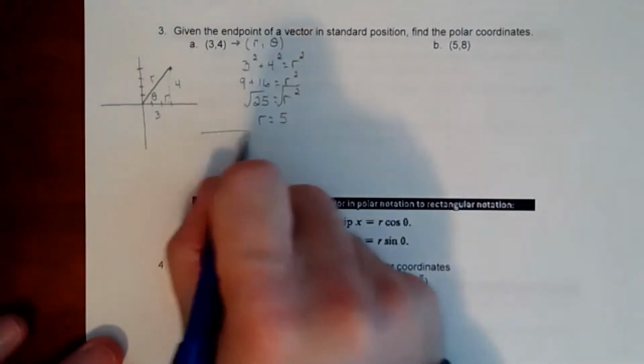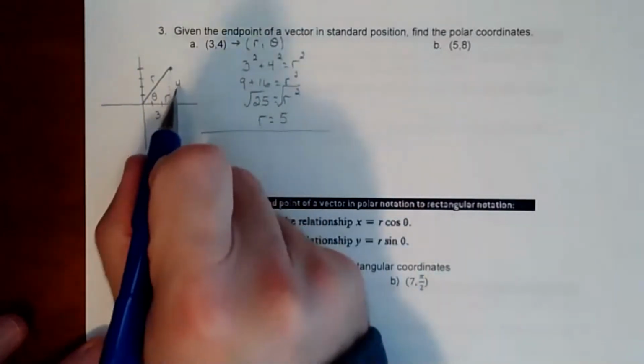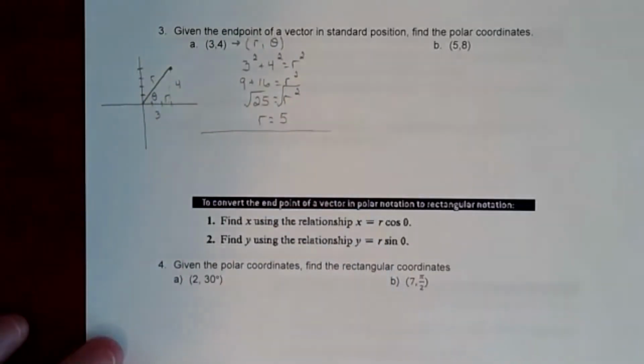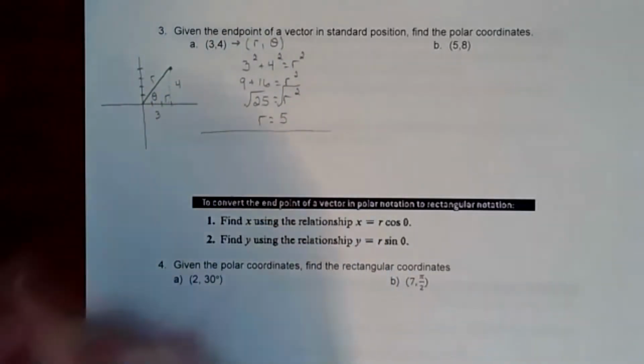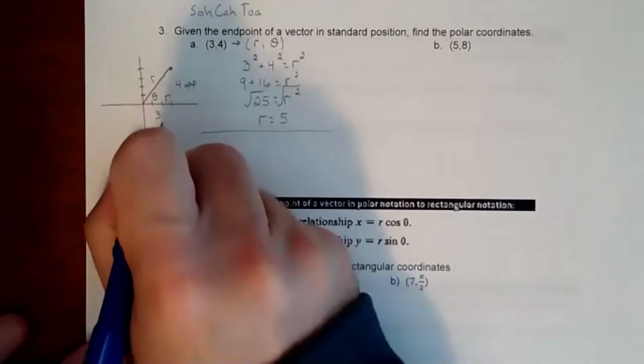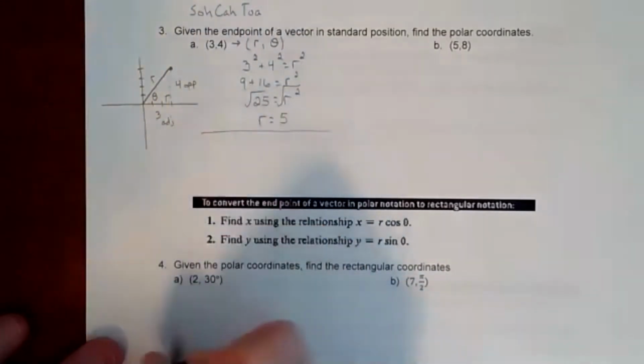All right, and then using the 3 and the 4 again, what SOHCAHTOA piece could you use to figure out your angle? Right, that is your opposite. Tangent. Perfect. And this is your adjacent.